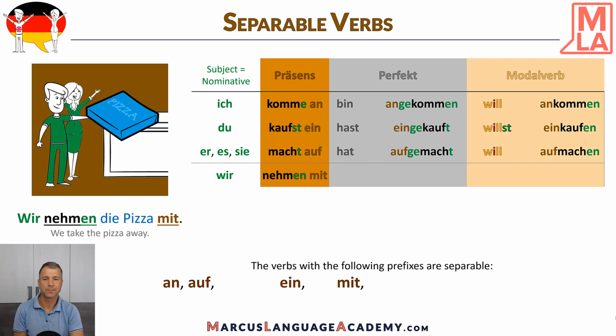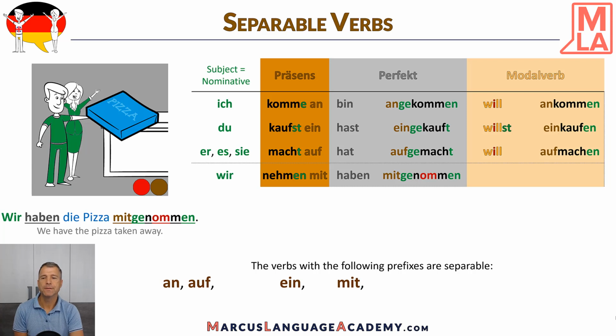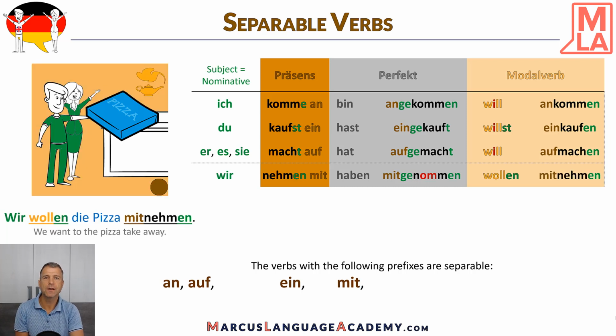Wir nehmen mit. Wir nehmen die Pizza mit. And in perfect, wir haben mitgenommen. Mitgenommen is a little bit more irregular because nehmen has an irregular participle. Wir haben die Pizza mitgenommen. And with the modal verb, it's the infinitive: wir wollen mitnehmen. Wir wollen die Pizza mitnehmen.